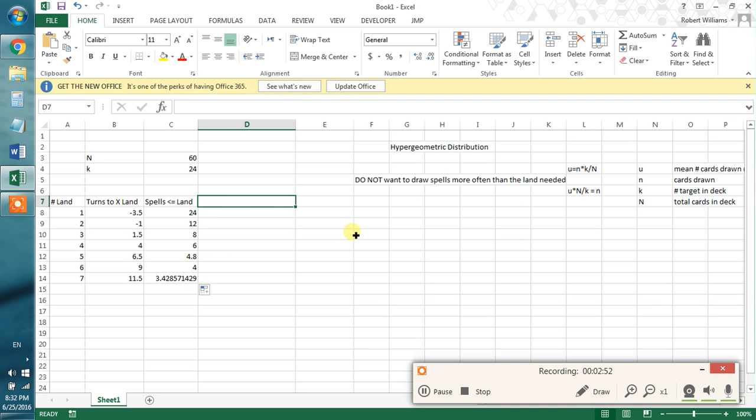Another useful thing to know is the number of spells you need to draw at least 1 on each turn. This is regardless of whether or not you have the land. This is just that you want to draw it on such and such turn. Still 1 times 60 divided by, we'll consider this to be synonymous with the number of turns, and you get these numbers, and that one makes no sense.